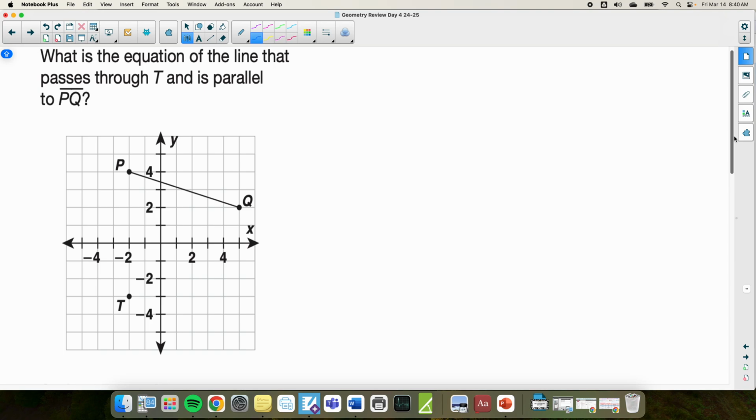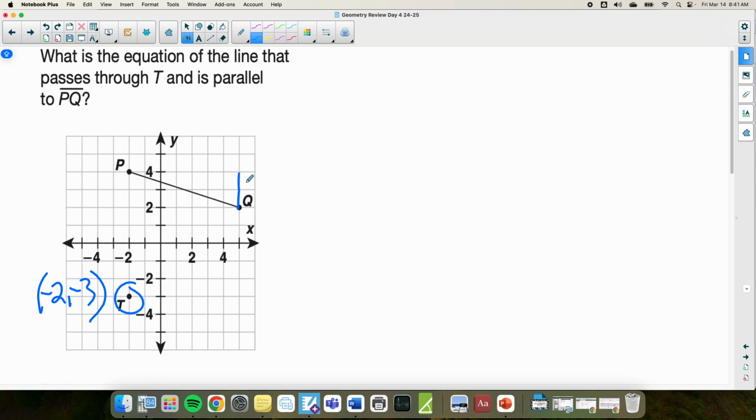What is the equation of the line that passes through T and is parallel to PQ? Alright, so we got T down here, which is (-2, -3), and it is parallel to PQ, so we're going to want the same slope.